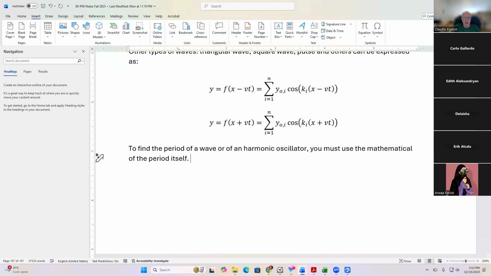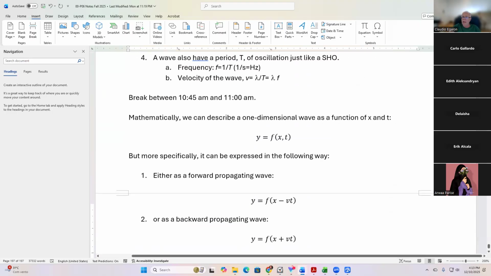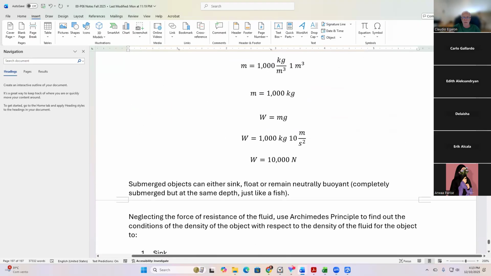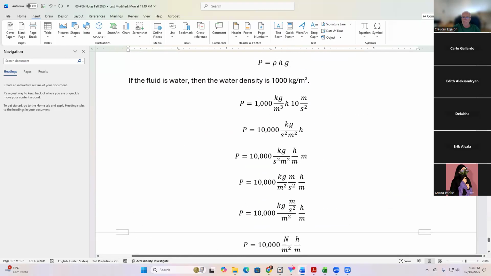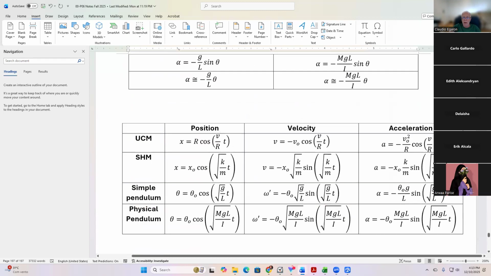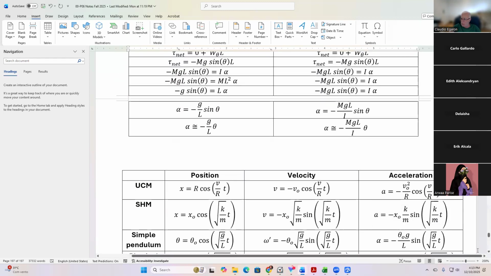Let's do that for the harmonic oscillator first, and then I'll show you how to do that for the wave. It's not difficult. Once you understand how to do the period of a harmonic oscillator, you go to the definition here.